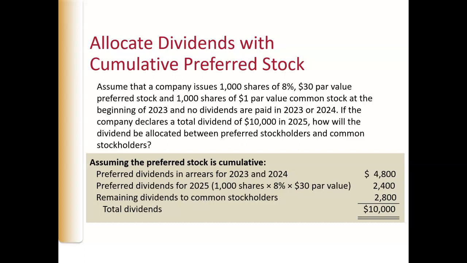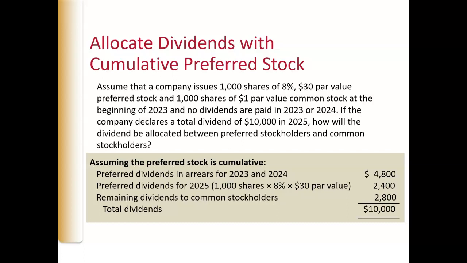If the preferred stock is called cumulative, what that means is they are going to get a dividend every year. But if the company doesn't authorize a dividend, it just gets deferred until they finally do authorize a dividend.